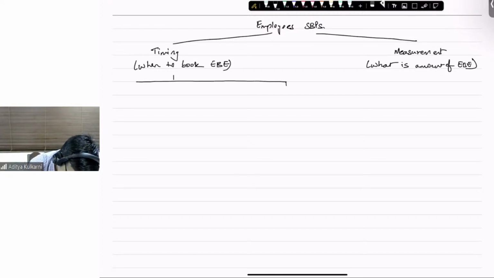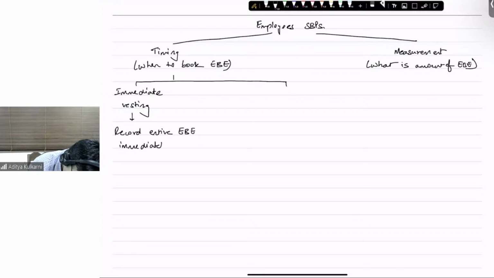So immediate vesting: record entire EBE immediately on grant date.